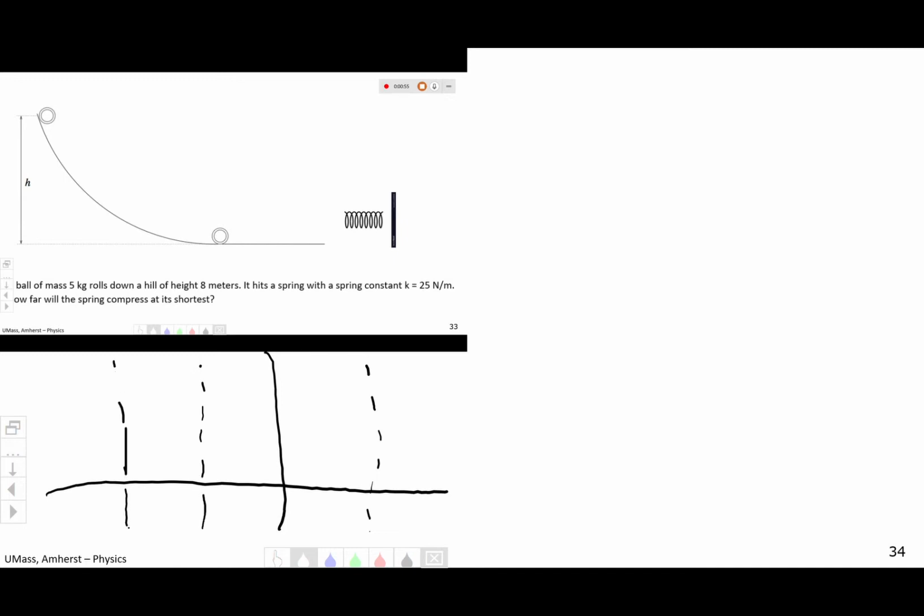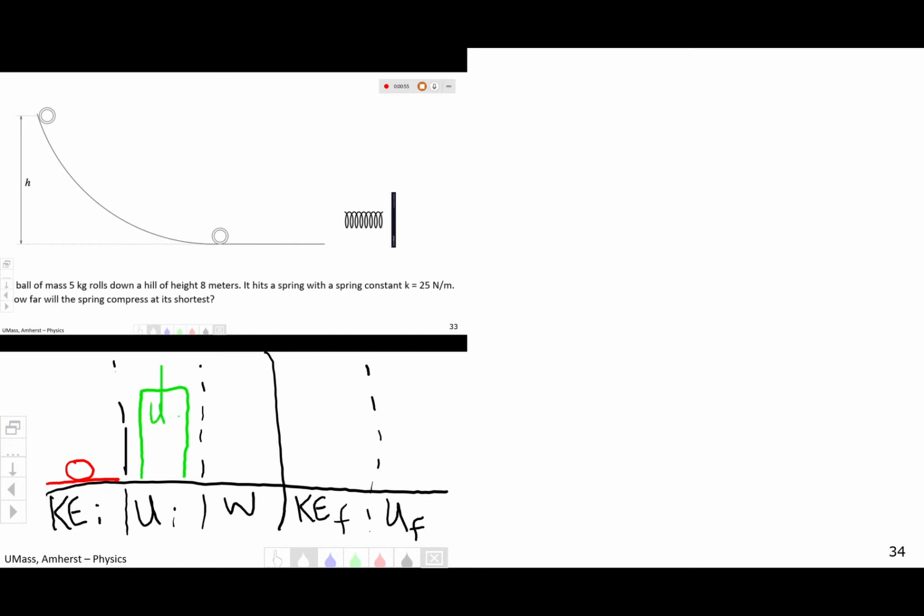So if we start with our energy bar chart, we have KEi, Ui, work, KEf, Uf. Okay, so kinetic energy initial is going to be a 0. Potential energy initial, yes, absolutely.